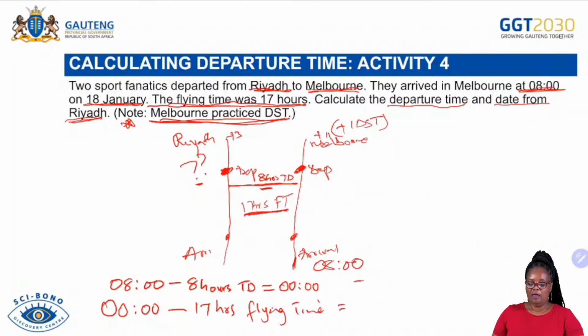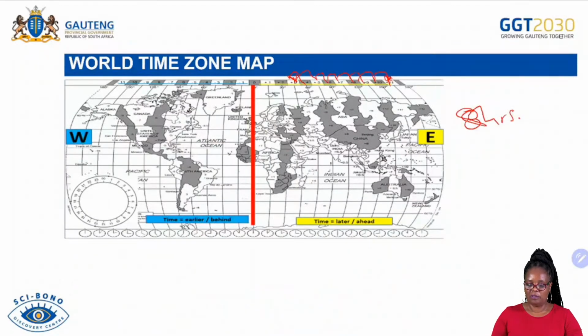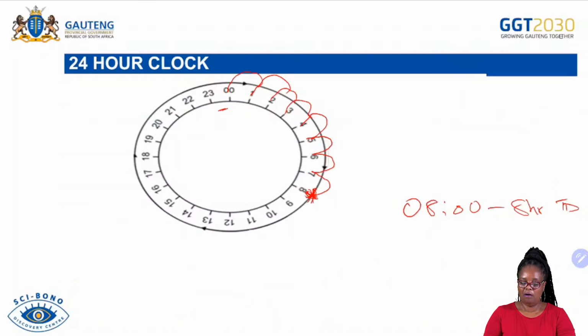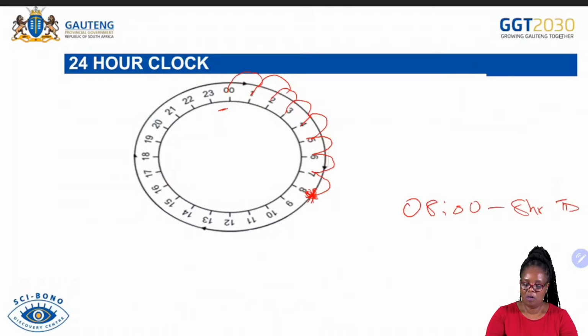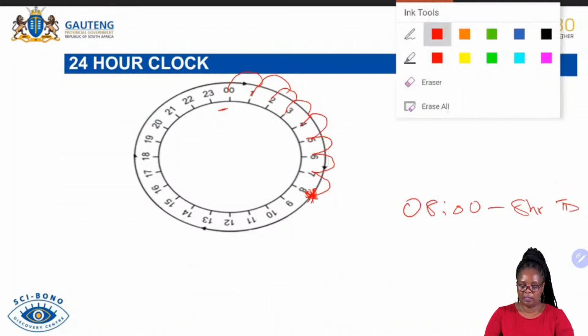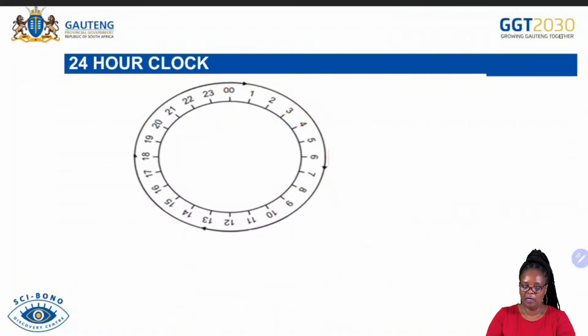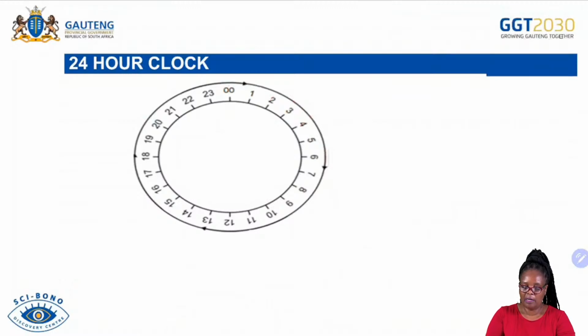Then we need to go to our clock to count this. We always minus flying time. So here we are. It is 0000 minus flying time, which is 17 hours.